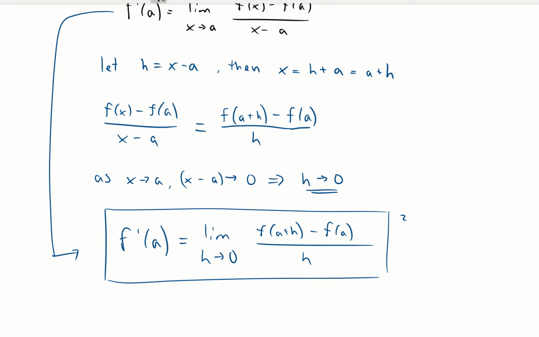So here is our second definition of the derivative. They are just two different ways of saying the exact same thing. We'll see in some scenarios it's a little bit easier to work with one than the other. I don't think one is better than the other, but we'll see multiple scenarios where they each are getting used.